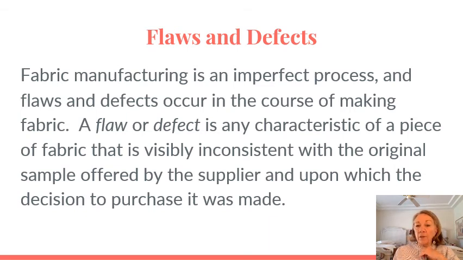Fabric manufacturing certainly is an imperfect process, and flaws and defects occur in the course of making fabric. A flaw or defect is any characteristic of a piece of fabric that is visibly inconsistent with the original sample offered by the supplier and upon which the decision to purchase it was made. And certainly flaws and defects do happen in fabric, and they can be sold, but they have to be sold as seconds.